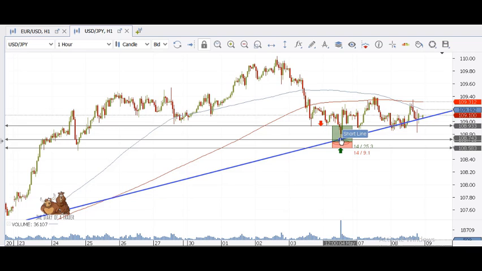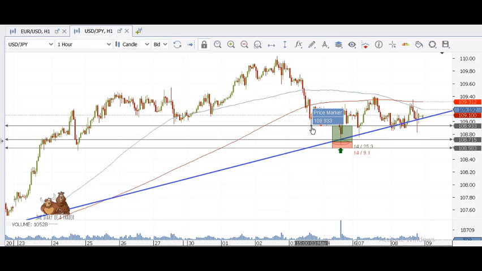So here we are buying at 108.70. We give, depending on your risk management, I will advise 10 to 15 pips of stop loss. Here I put 13 pips stop loss, and then your take profit will be the first resistance that you identified in this particular example.